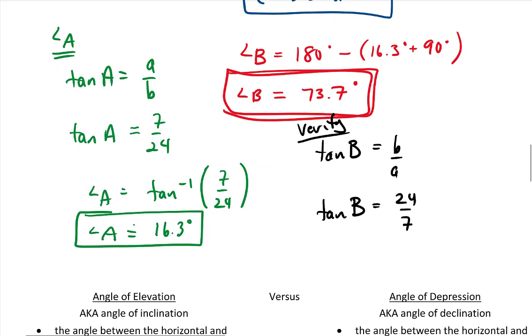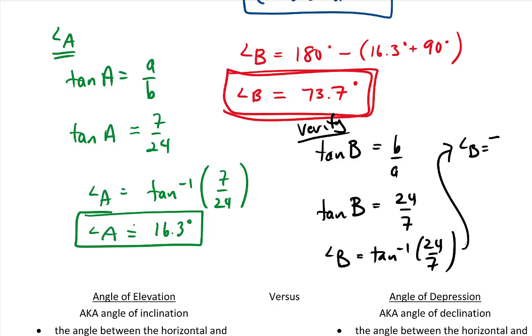And now if we want to find angle B, that's the tan inverse of 24 over 7. And you see we get 73.7. Same as what we got by using the 180 rule.